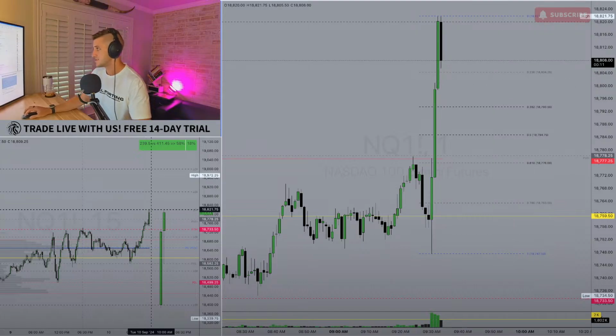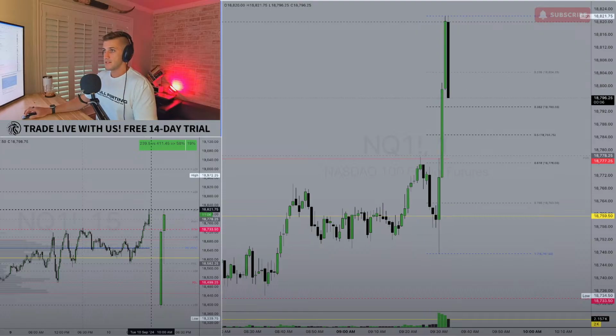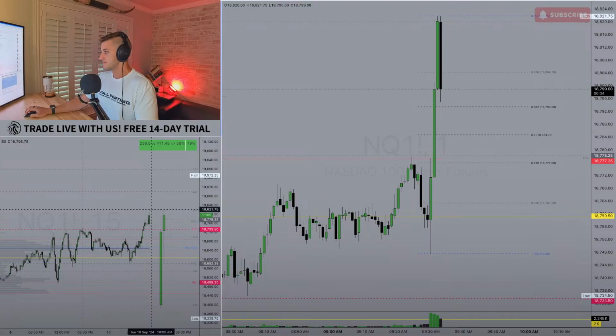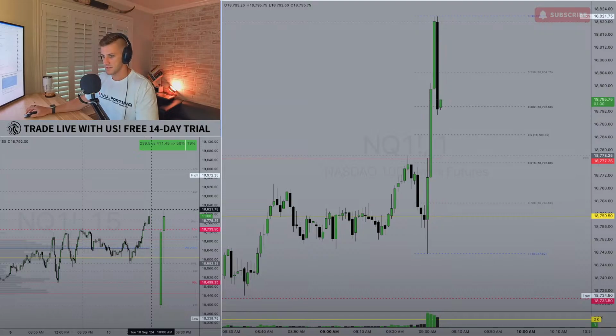Sellers showing up versus the 820 level of interest. Gotta love those levels of interest. Gotta love market structure.